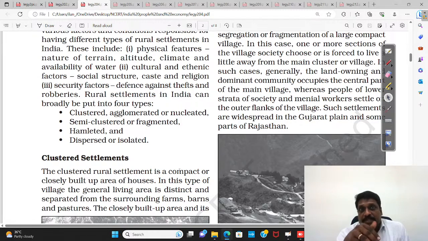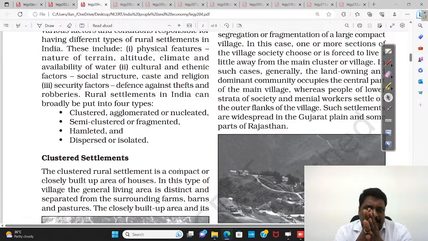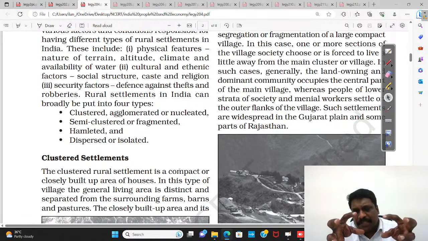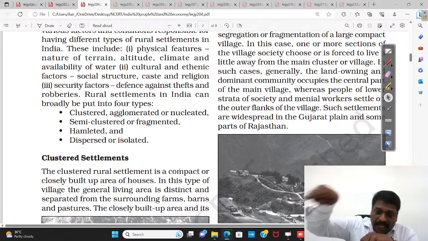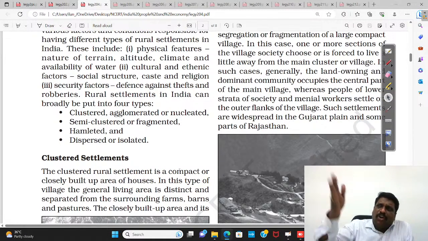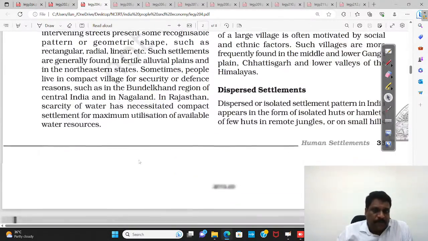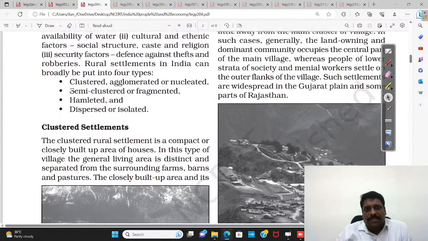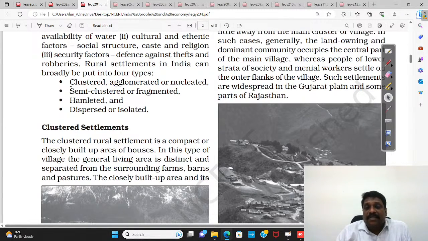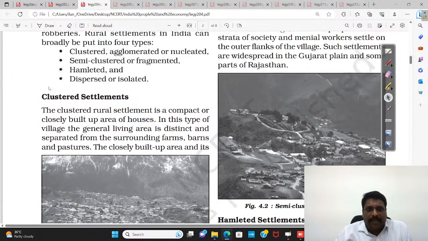So given the case, my dear friends, if in a rural area you go for a clustered, very compact settlement, a larger area can be left for the practice of agriculture. So all this agricultural land will not be divided or fragmented. Now, semi-clustered or fragmented means, for example, two or three groups can be located.